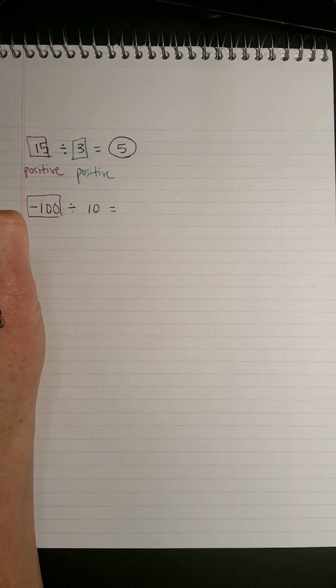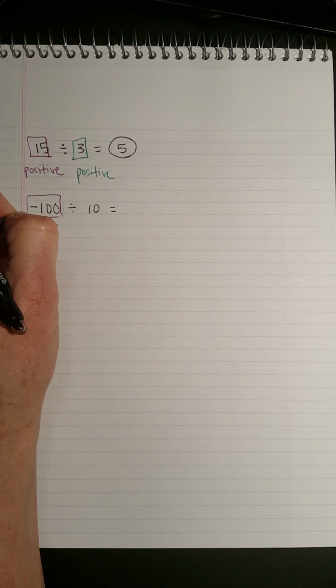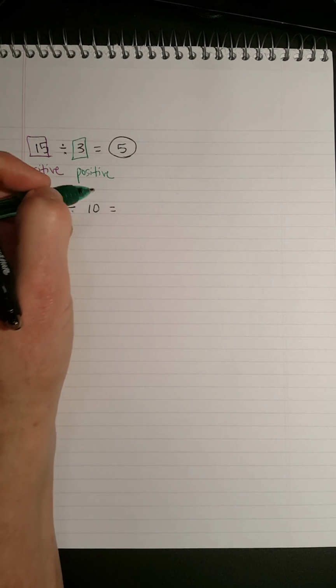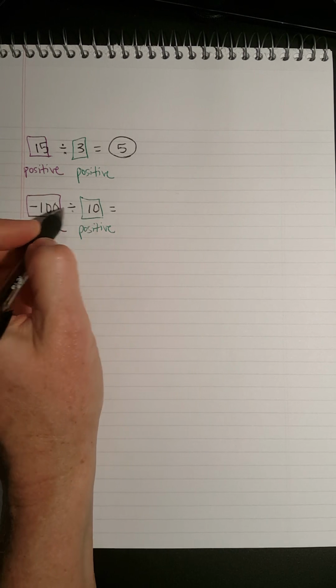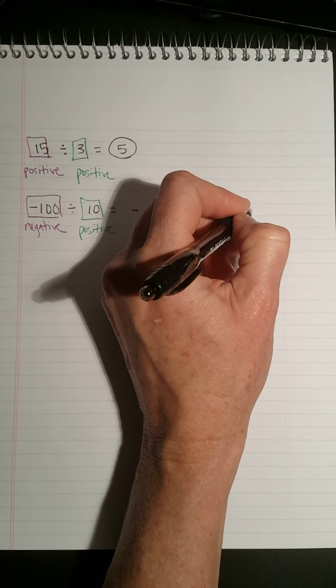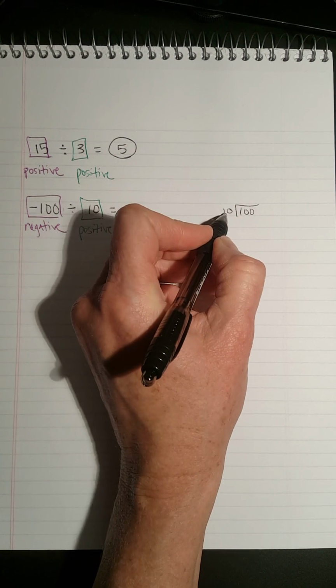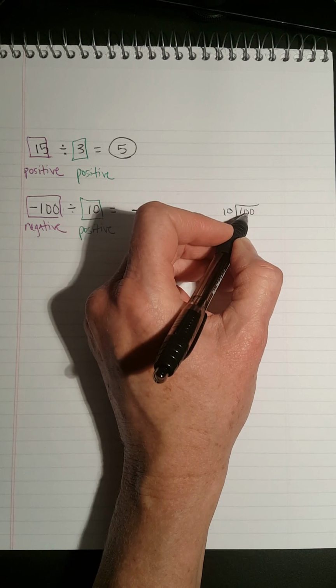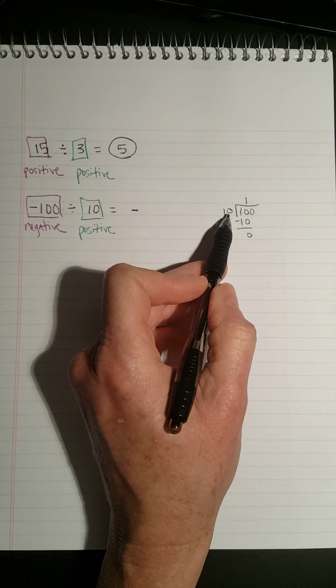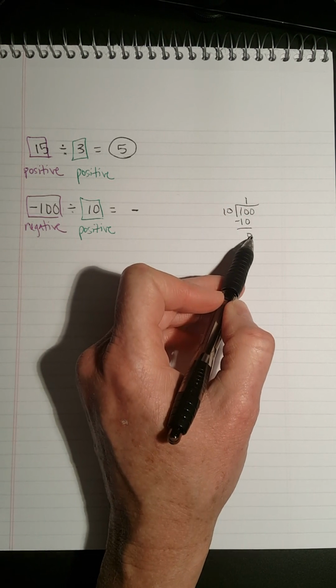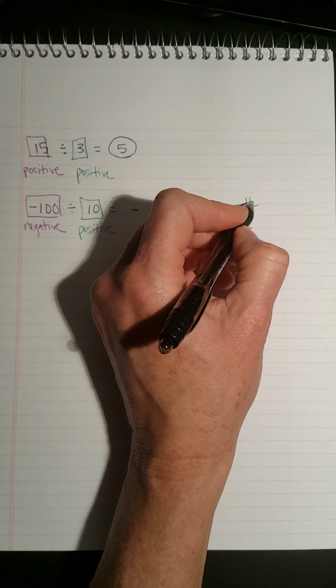So if I have a negative 100, that's negative, and I have a positive 10, these are different signs. So different signs, negative answer. So I'm going to do this math over here off to the side. 10 doesn't go into 1, but it will go into 10 one time. And there's nothing left here, so this 0 needs to move up.